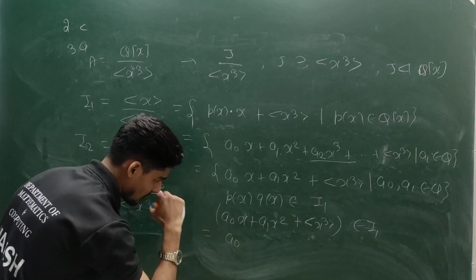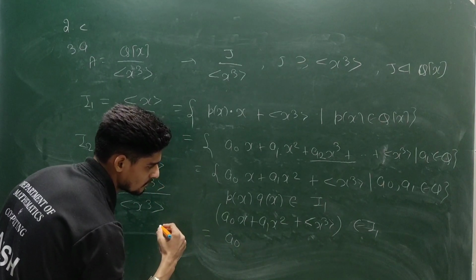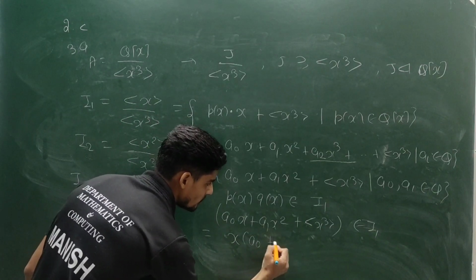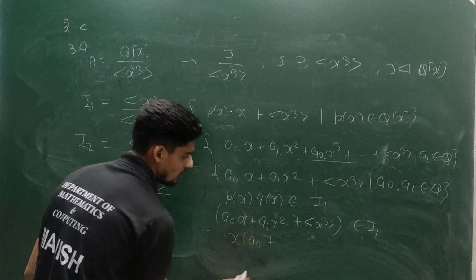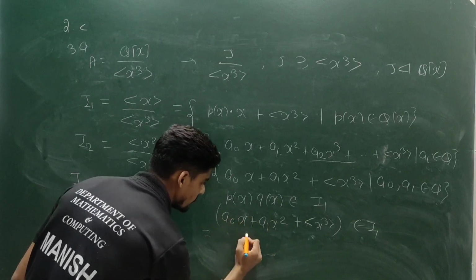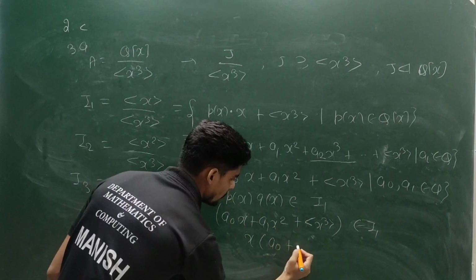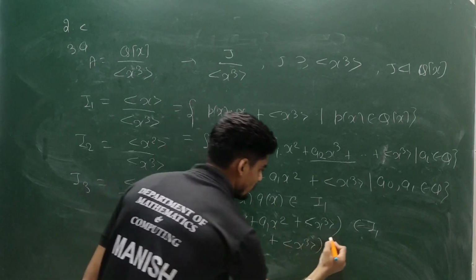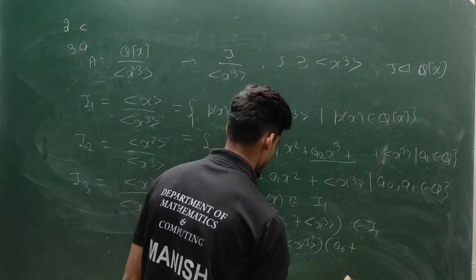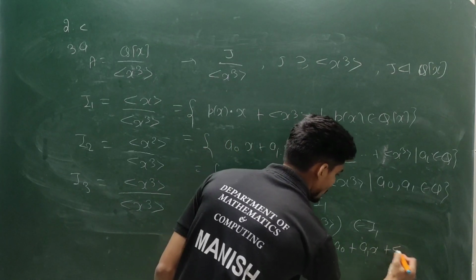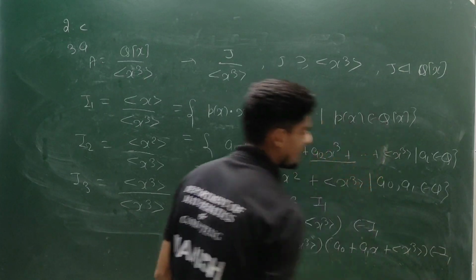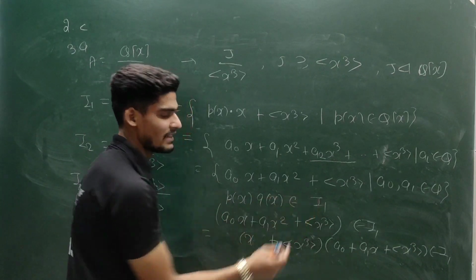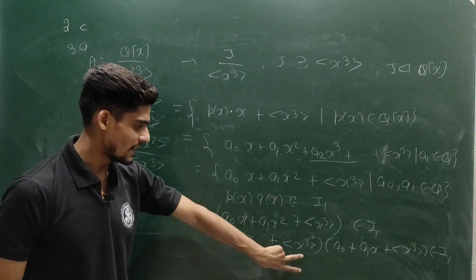You can take x common out, or you can write in this way, say x plus the ideal generated by x cube, and you can write a0 plus a1x plus the ideal generated by x cube is inside I1. You can write in this way. But from here you can observe, as you are writing this p(x) into q(x) is inside I1, so choices for p and q will be either this will be p or this will be p.